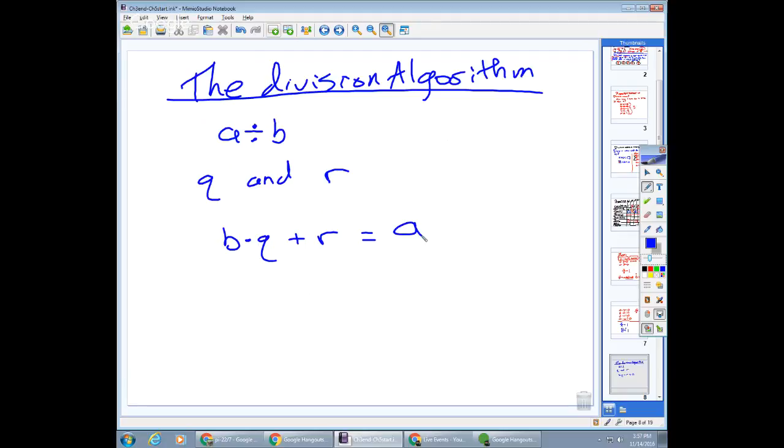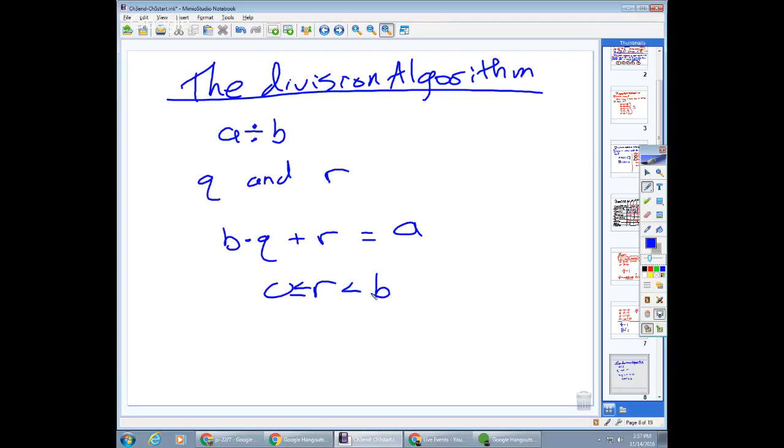Anybody remember any of the conditions? Yeah, R has to be greater than or equal to 0, but less than B. Okay, and there's another condition on this. Yeah, they don't have to be different.